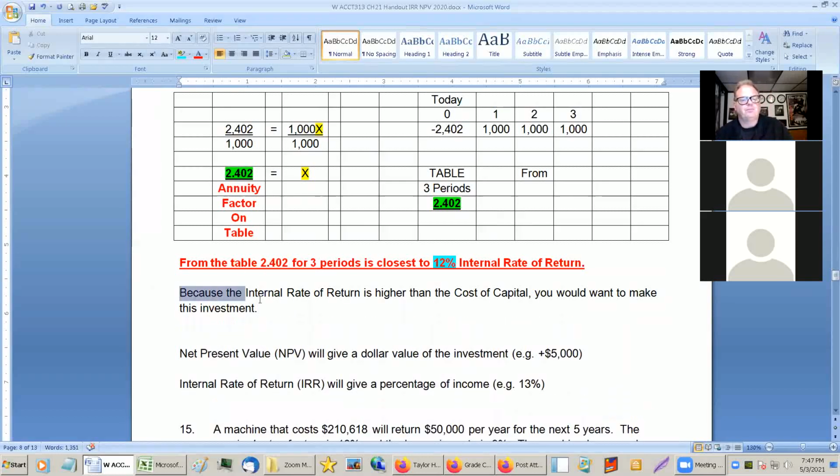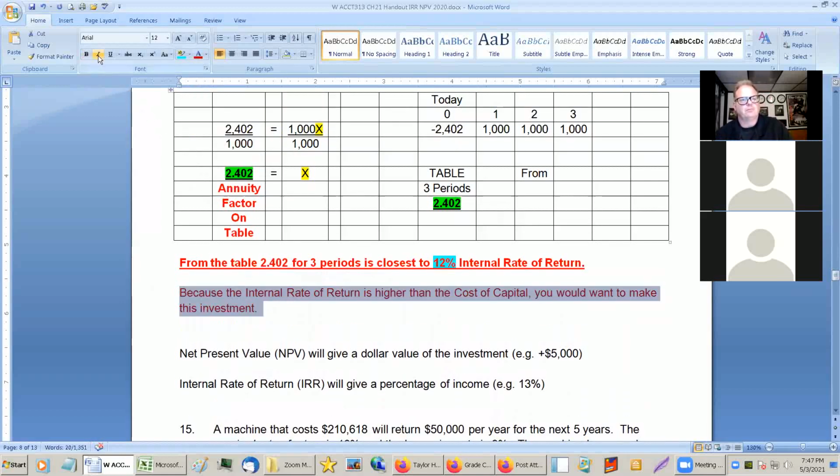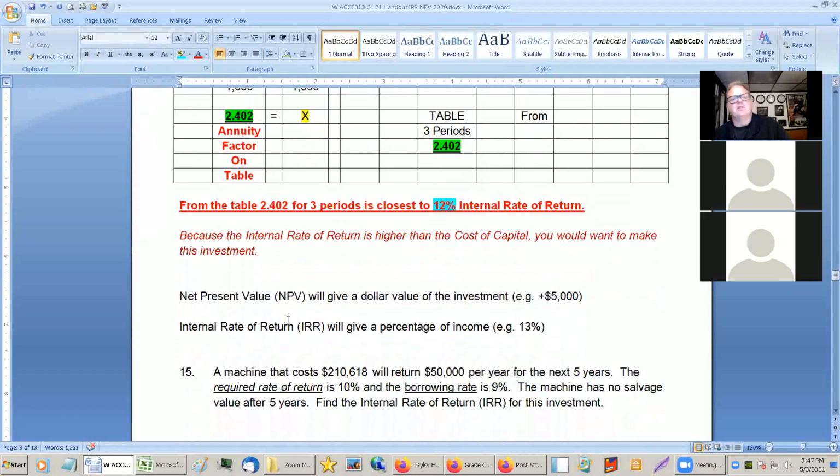Okay. So because the internal rate of return is higher than the cost of capital, you want to make this investment.